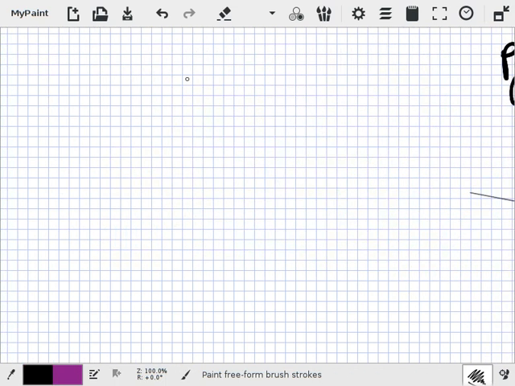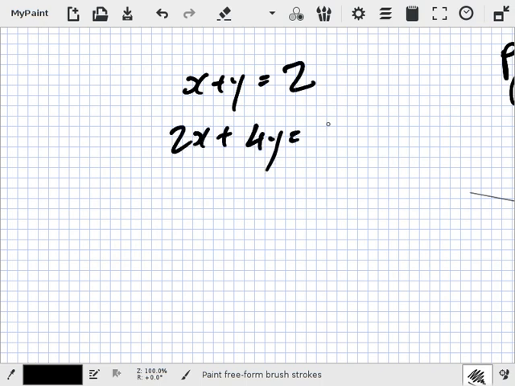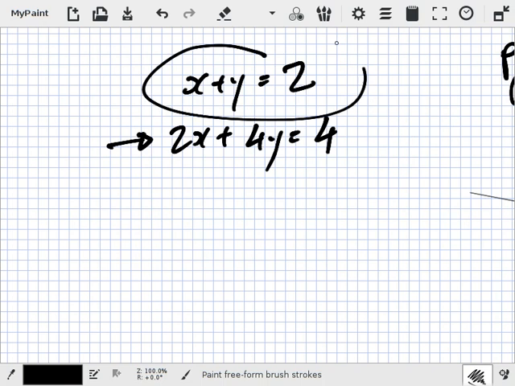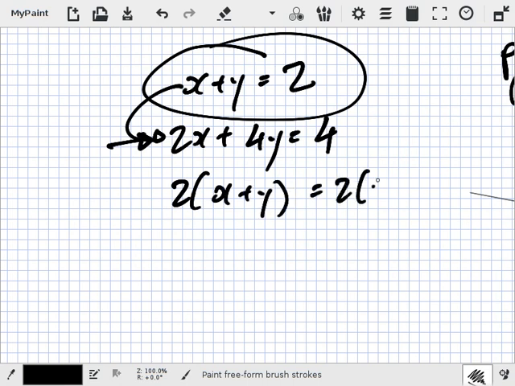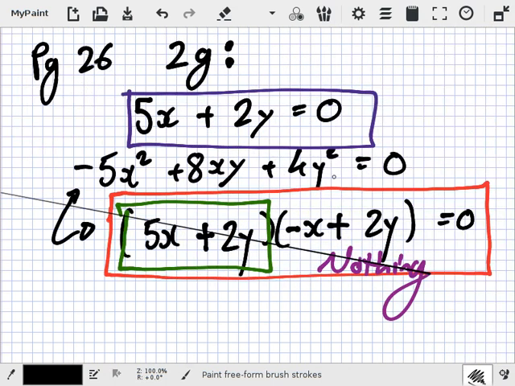It's a bit like if I said x plus y equals 2, and then 2x plus 4y equals 4, for example, yeah? This equation tells me nothing I didn't already know from the previous one, because I can see that this equation is really the same thing as what it was previously. So likewise, this equation tells me nothing that I didn't get from this equation.